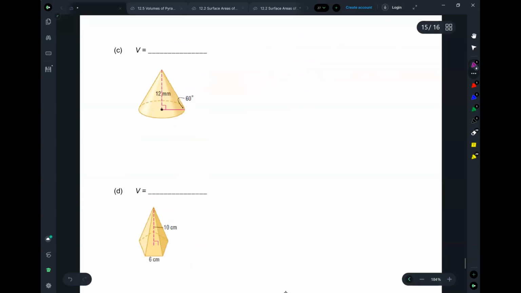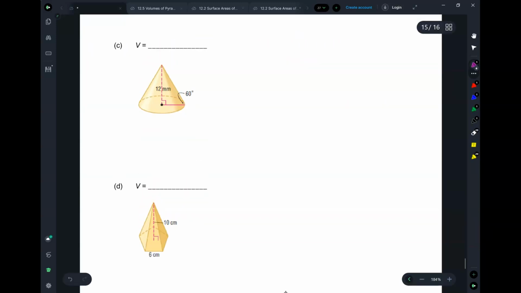So next we have a cone, right? And the cone is just a third of a cylinder. So the volume is going to be pi. Okay, now we need the radius. All right, so, okay, let's all pause for a minute and look up here. We have a right triangle here with a 60-degree angle.